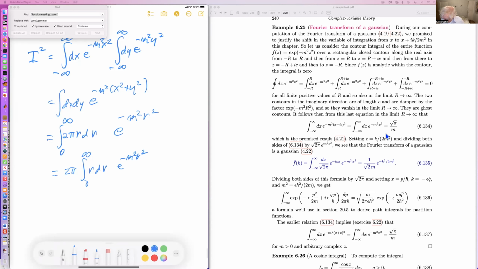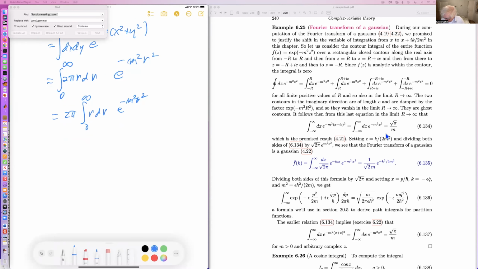Well, of course, what we're going to do now is let u equal mr. And so then this is 2 pi over m squared, integral 0 to infinity u du e to the minus u squared.